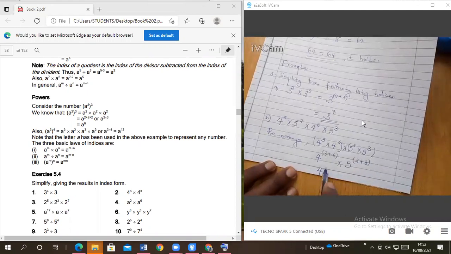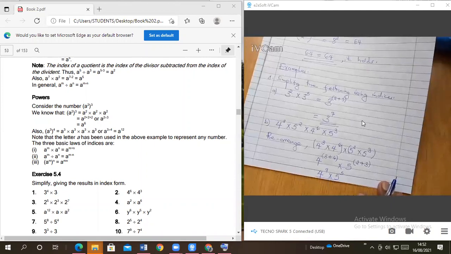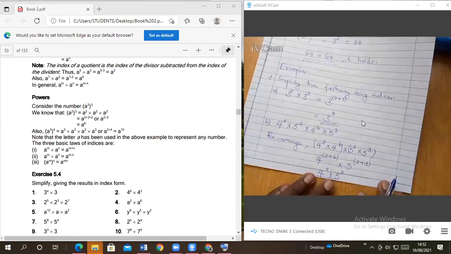We get 4 to the power 9 times 5 to the power 5. Can we simplify it again from there? Does the law hold for that? No. We stop there because the law is only applicable when they have the same base. So that's our answer.